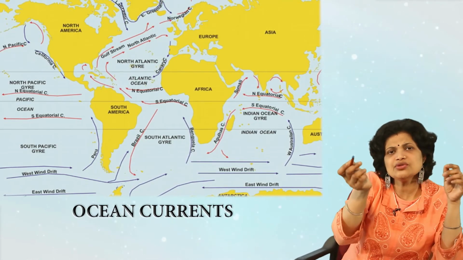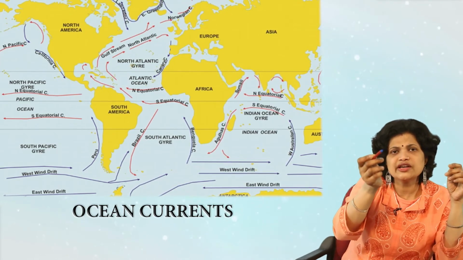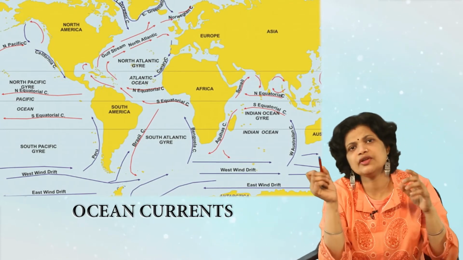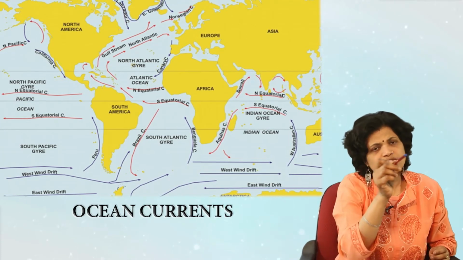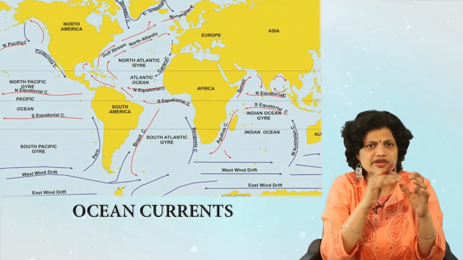Similarly, another gyre forms along the South Atlantic Ocean, where again the South Equatorial warm current flows from the eastern part of the ocean to the western part.